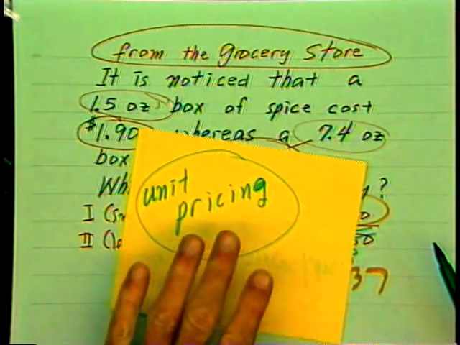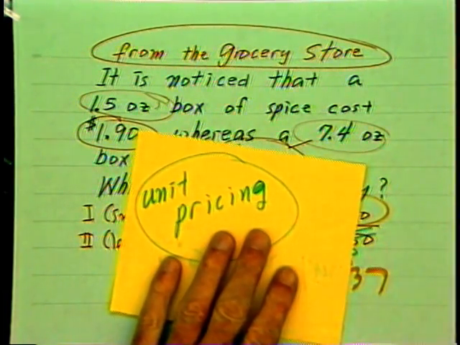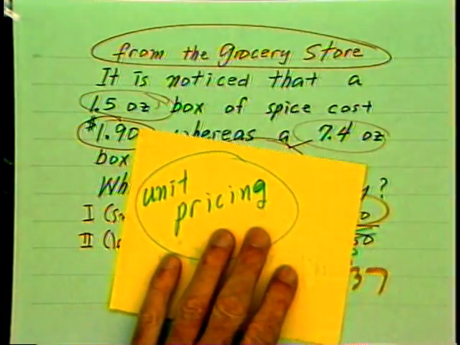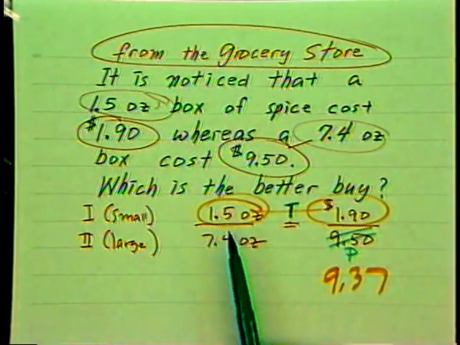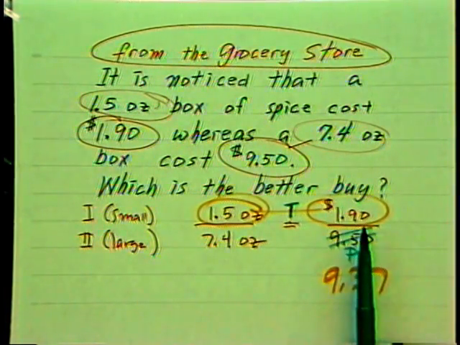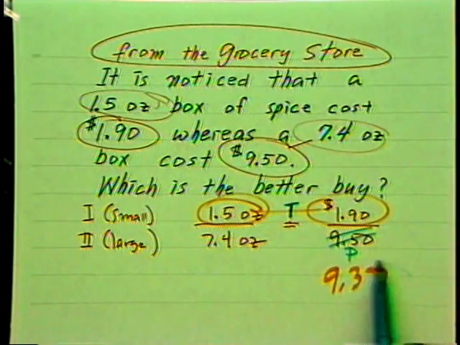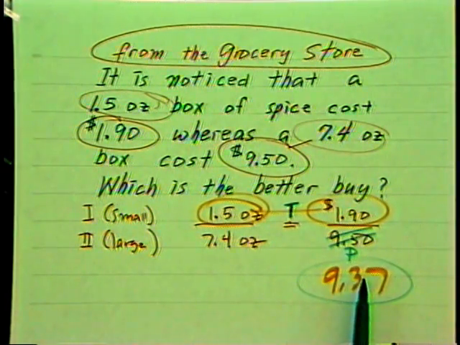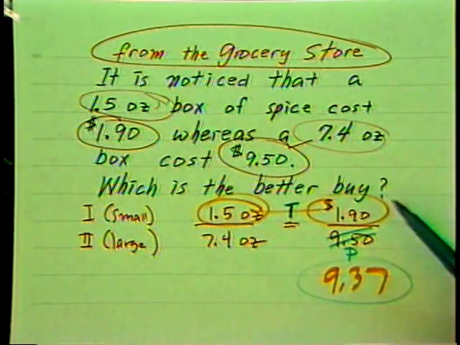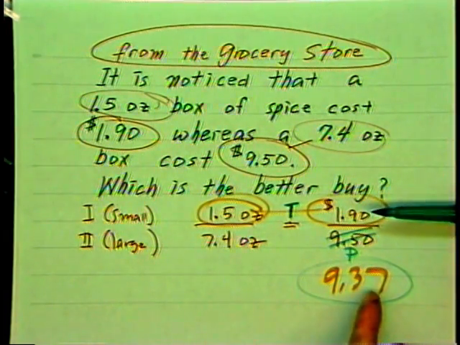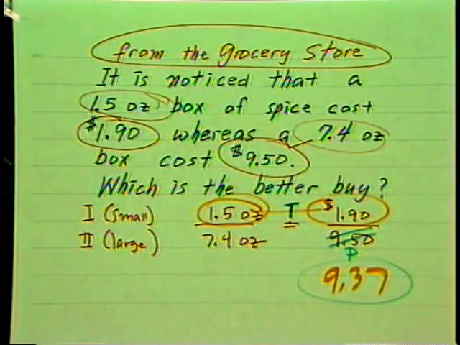And what the store manager has done, usually through a calculator and or a computer, has simply gone through and worked, if you would, a lot of proportions to get everything to be the same unit price, or where they're not the same, to at least allow you to look at these two different unit pricings and to compare them with each other to ask which is the better buy.